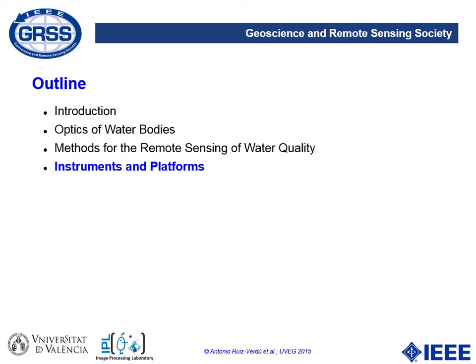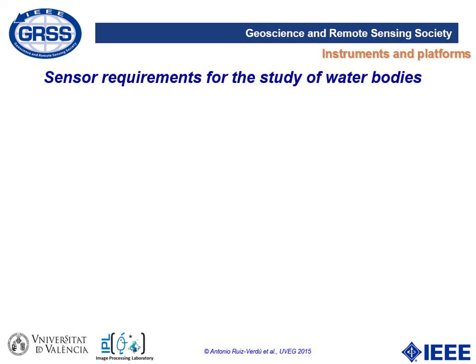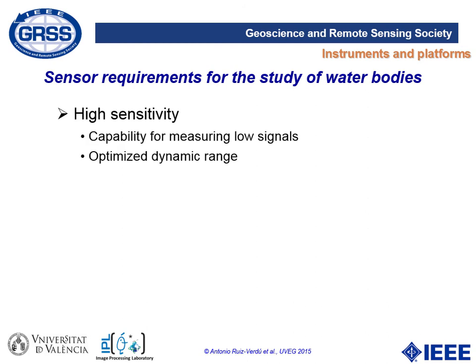Well, for ending, I will summarize what the requirements are and which instruments and platforms are mainly used for those water quality studies. So, given all the things that we have said before, the sensor requirements for the study of water bodies are a high sensitivity.